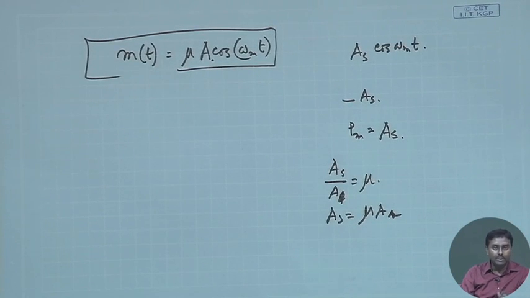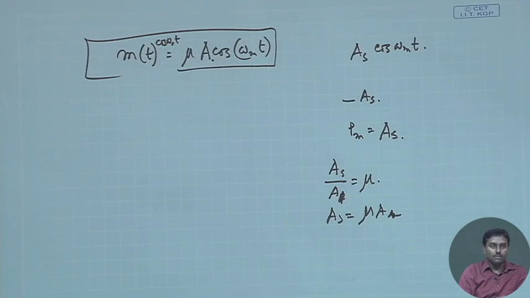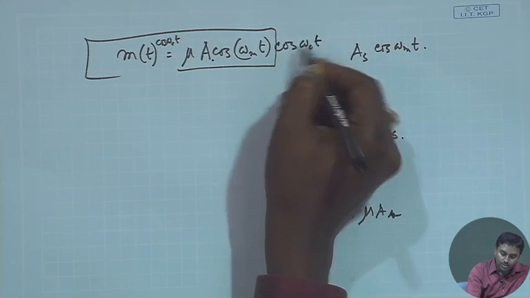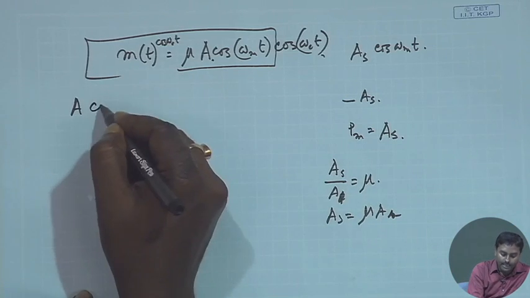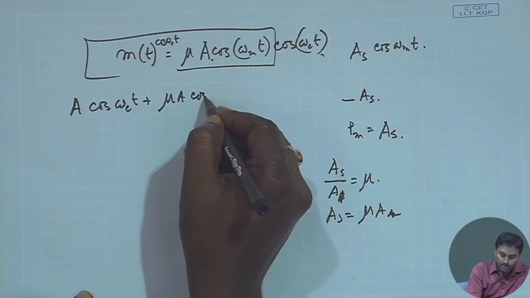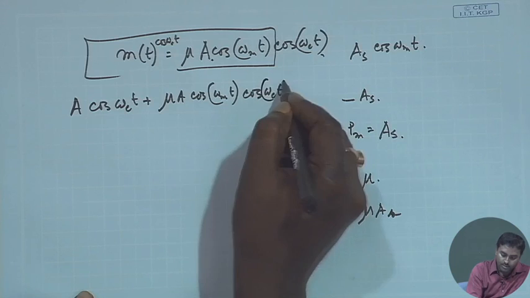So, that is my m(t), which should be multiplied by cos omega c t. My overall signal is A cos omega c t plus mu A cos omega m t into cos omega c t.